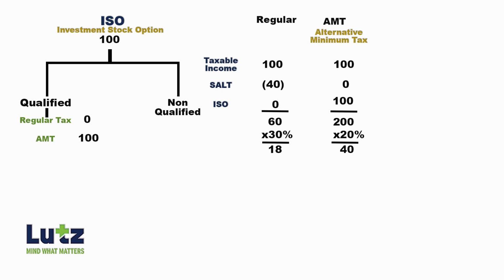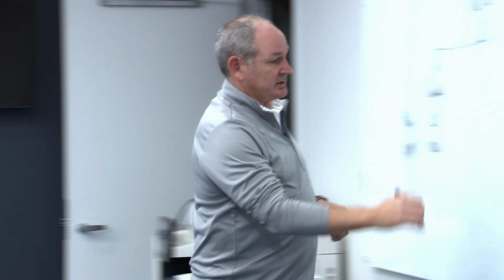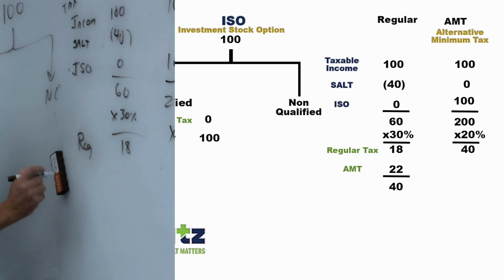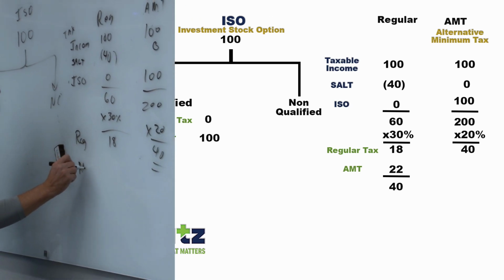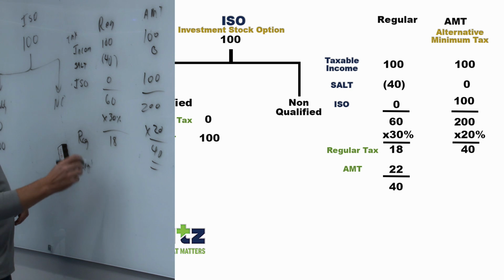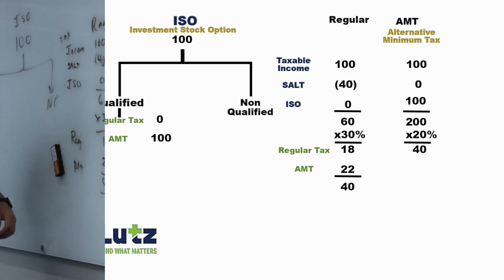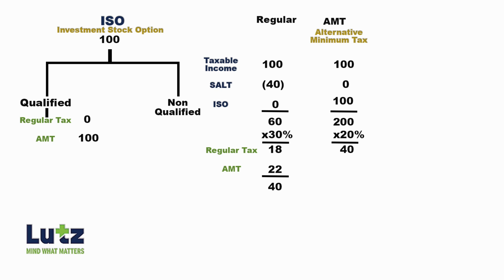Now I've found the floor that Max was referencing. So when you look at the 1040, it's going to say regular tax of 18, and then AMT tax of 22 to get to the 40. My AMT tax is $22 because it's the variance between my regular tax and my AMT tax. So there's two taxing systems.